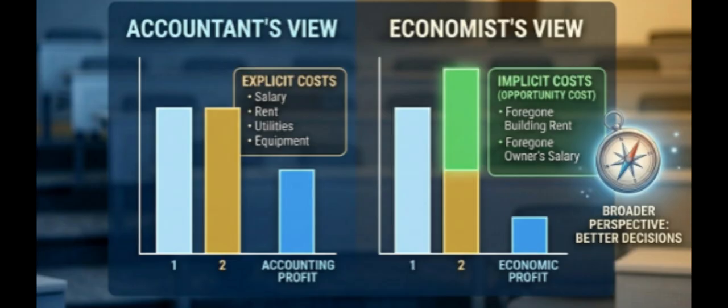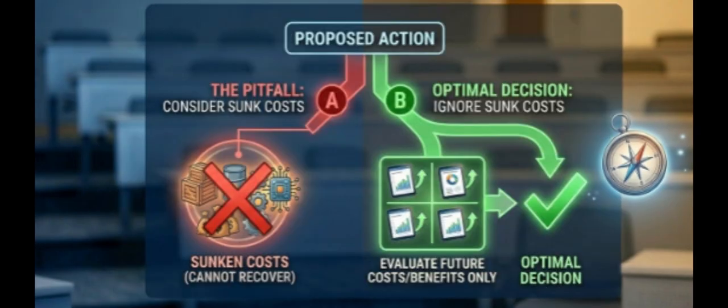Implicit cost, or opportunity cost, explicitly calls out foregone building rent and foregone owner's salary. This broader economic perspective, guided by the compass, leads to better managerial decision making.